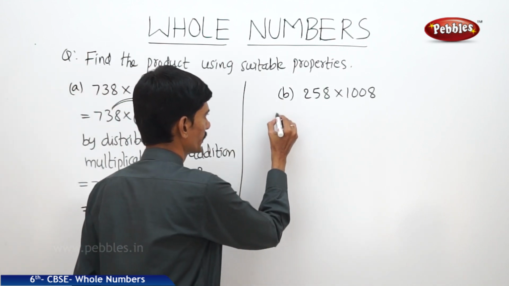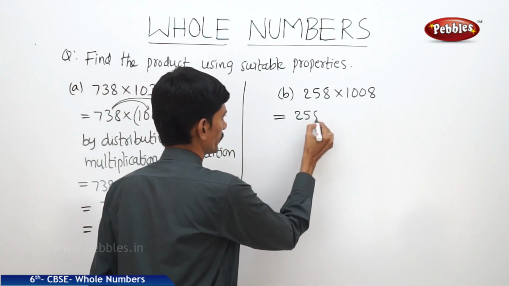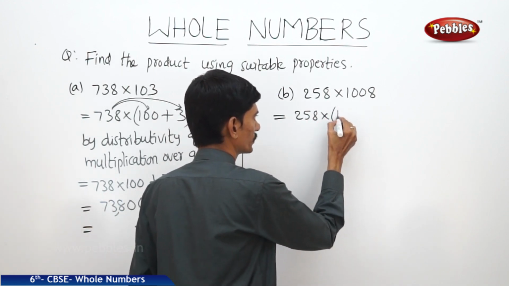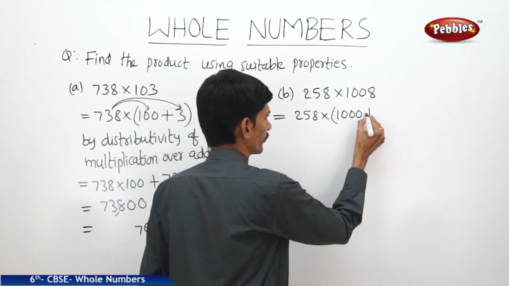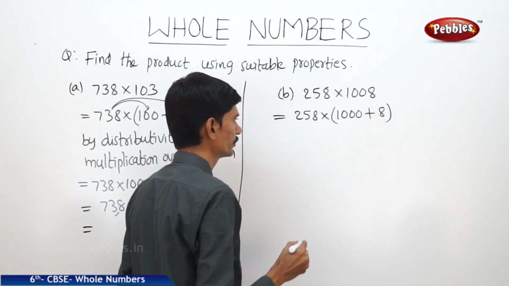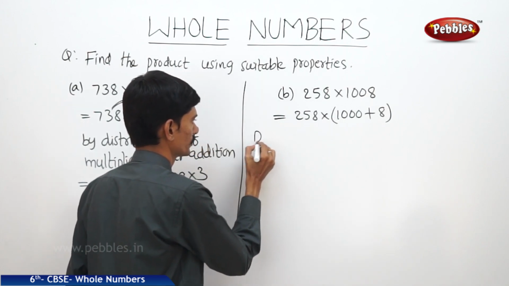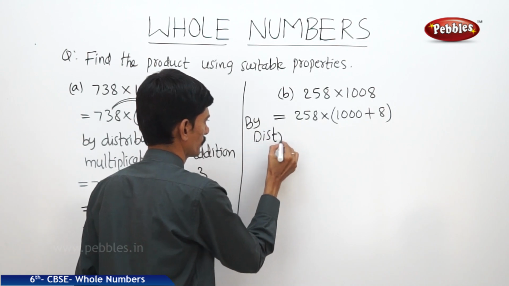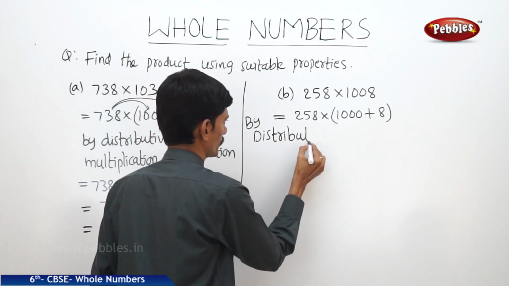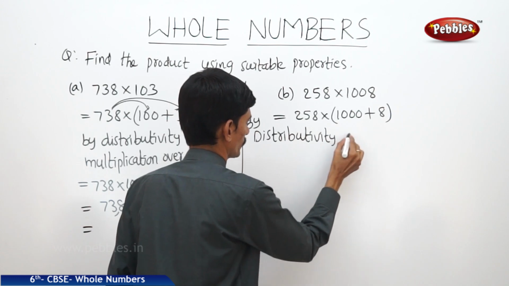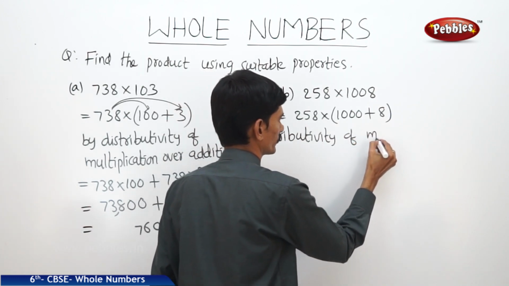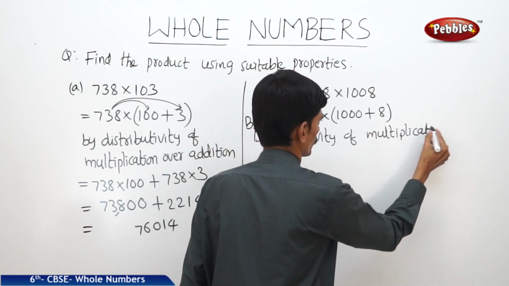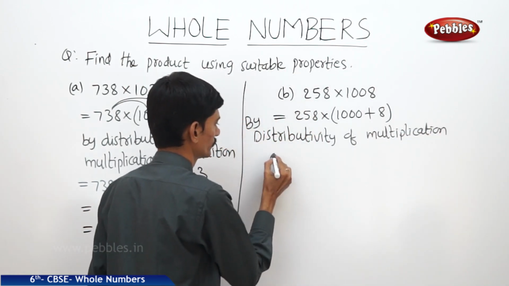So 258 into 1008 can be written as 258 into 1000 plus 8. So here also we can use distributivity of multiplication over addition.